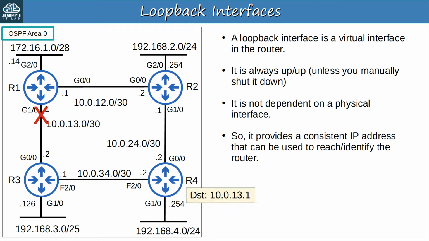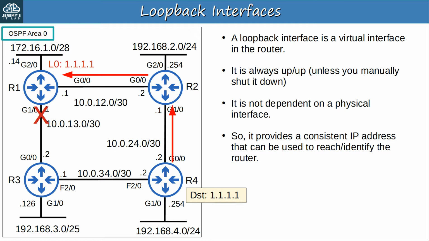If R4 receives a packet destined for R1 at 10.0.13.1, it will not be able to send the packet to R1. How about if R1 has a loopback interface, 1.1.1.1, and that is used to identify R1 instead of 10.0.13.1? Even if a physical interface fails, when R4 receives a packet destined for R1's loopback interface, it will still be able to send the packet to R1.